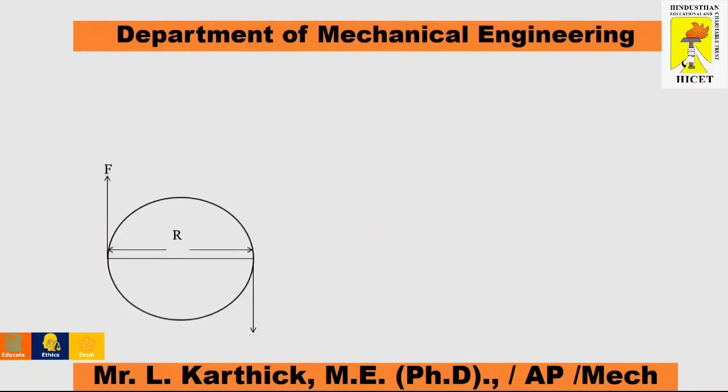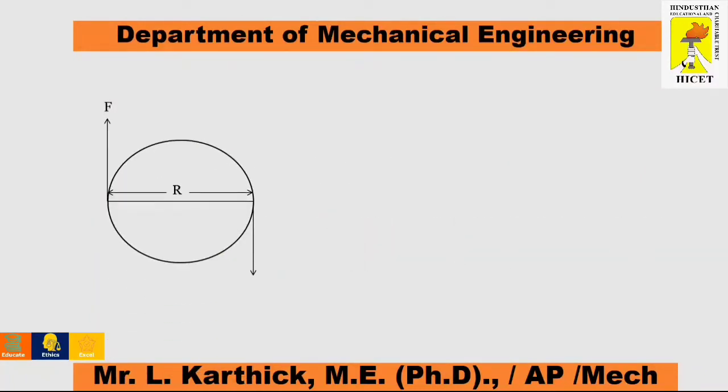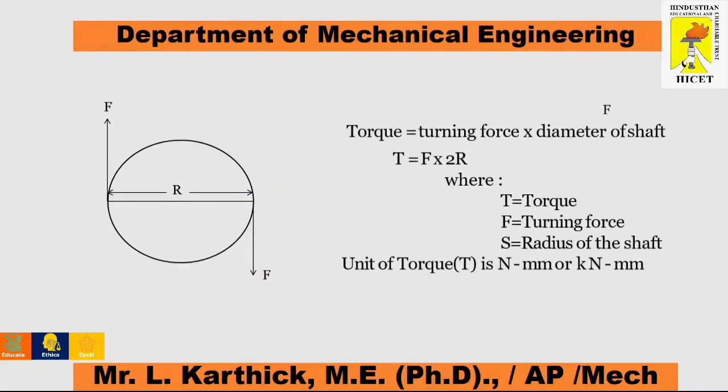And the next one: let me take a simple example for this torque. Let me take a shaft. Two equal and opposite forces make a couple. Look at this picture: the forces on the left and the right act opposite to each other. So the torque is equal to the turning force times the diameter of the shaft.